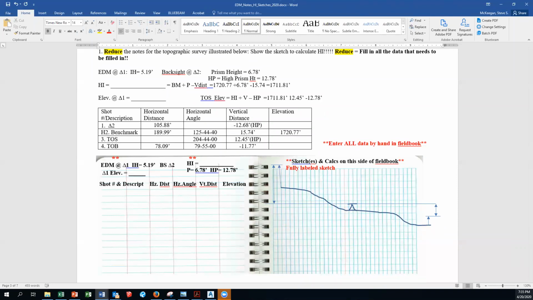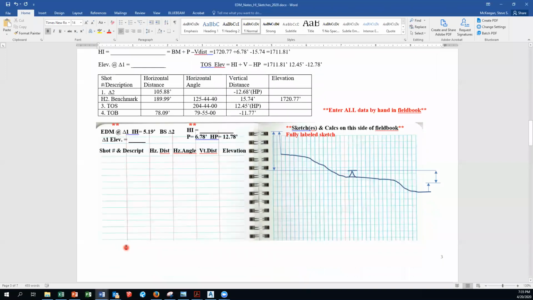Mr. McEgan, could you redo top of bank one more time, please? Yeah, let me just admit somebody. This one? Yes, please. Okay, so that is, since it's negative, it's got a negative vertical distance, which means I'm looking downhill. So it's this part of the sketch. I know the HI. I subtract the vertical distance.